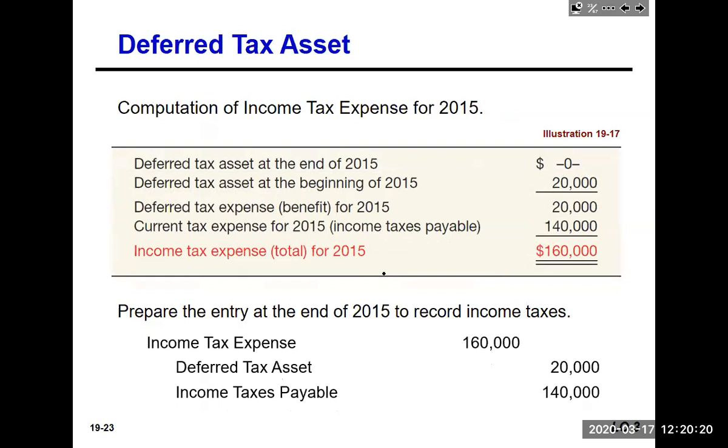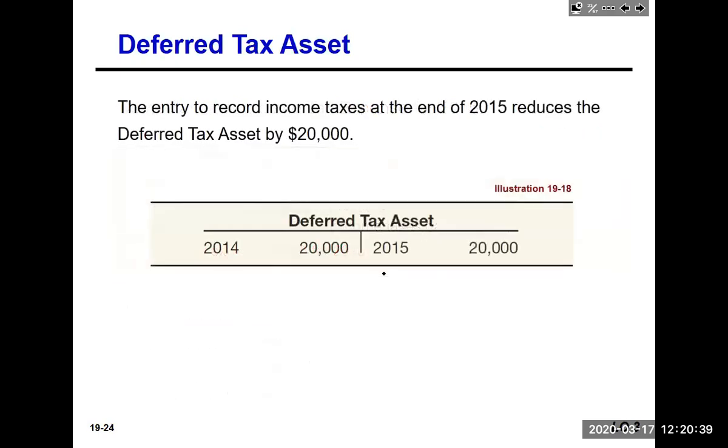So they're saying they actually had a bill of $50,000 that they paid. So now we get to take that $20,000 out of that. We've already paid the income tax payable for that, but we recognized that income tax expense, correct? $160,000. All right, so there's an example of a deferred tax asset being zeroed out.